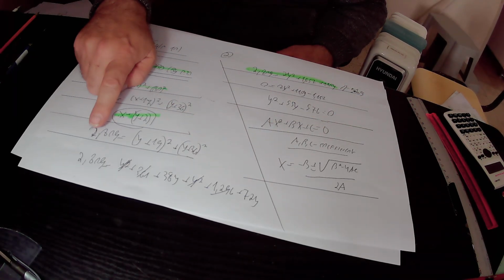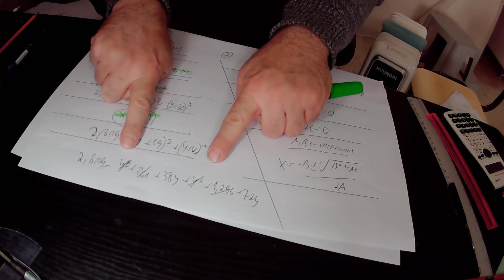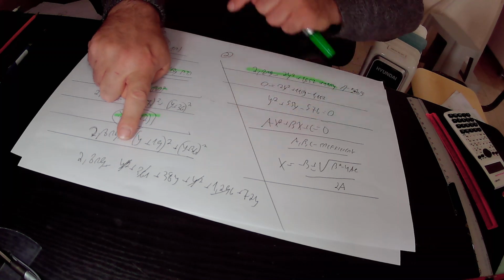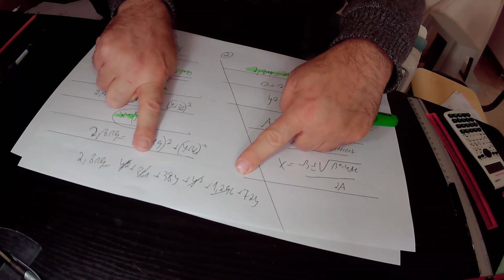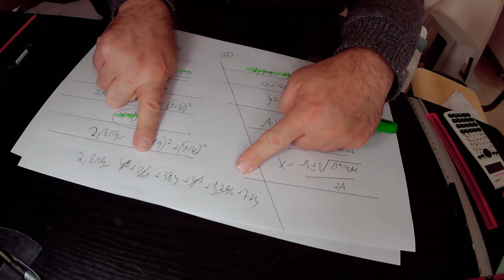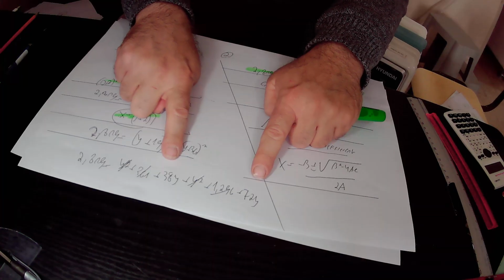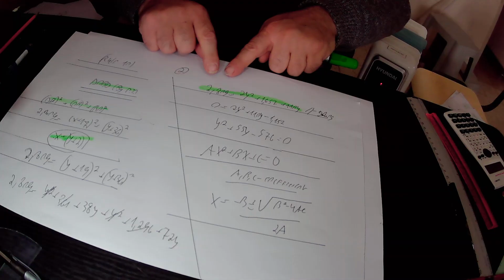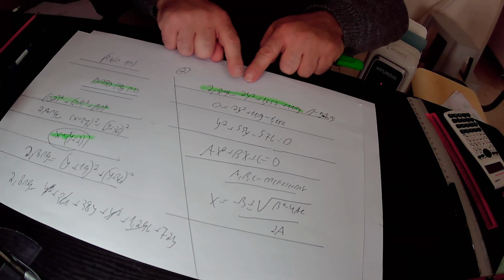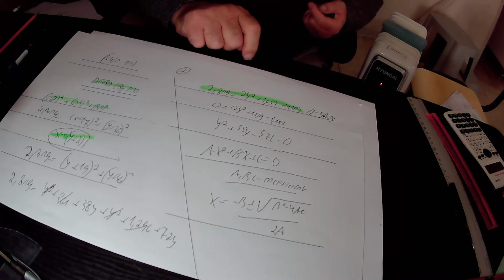So in total, 2809 equals y square plus y square, that is 2y square. We have 361 plus 1296, which is 1657, and 38y plus 72y is 110y. So 2809 equals 2y square plus 110y plus 1657.